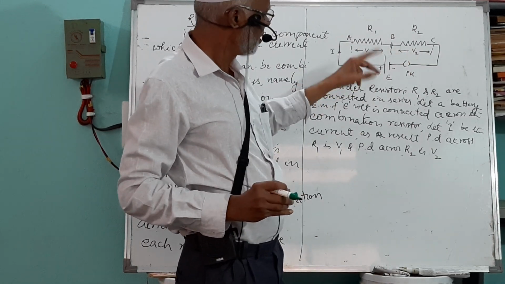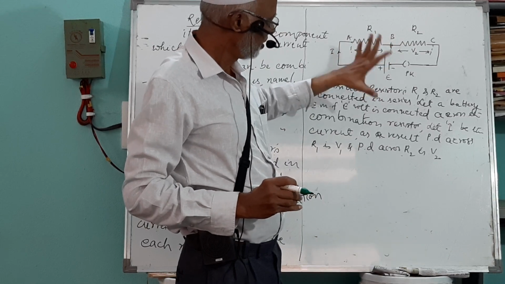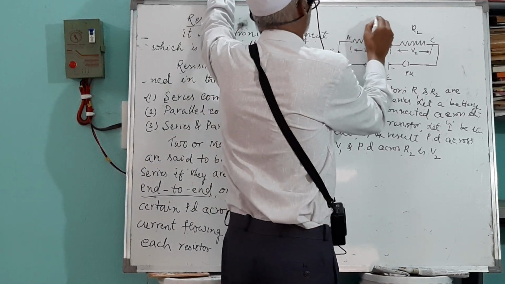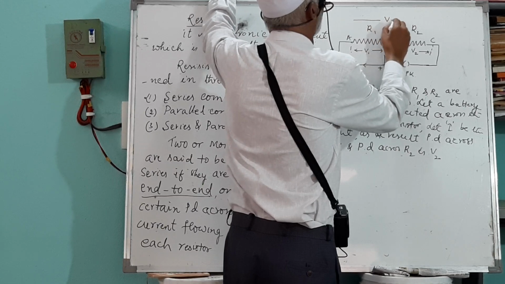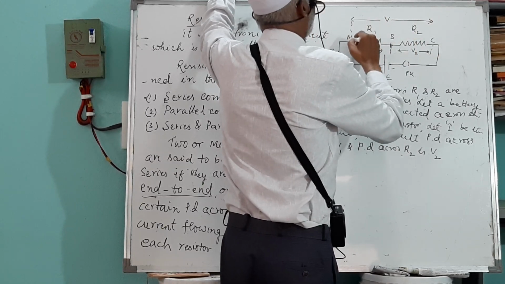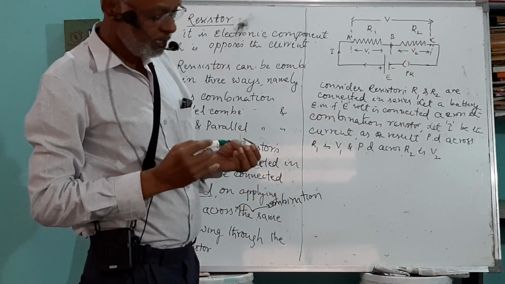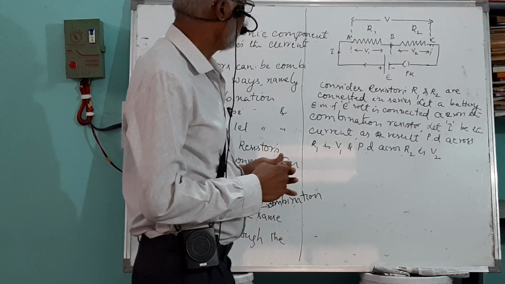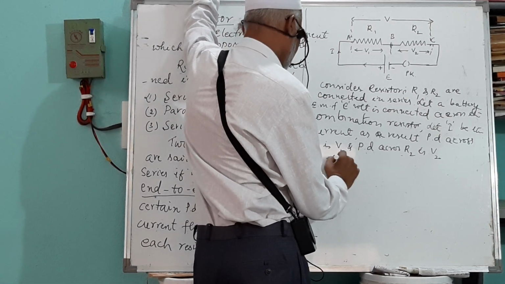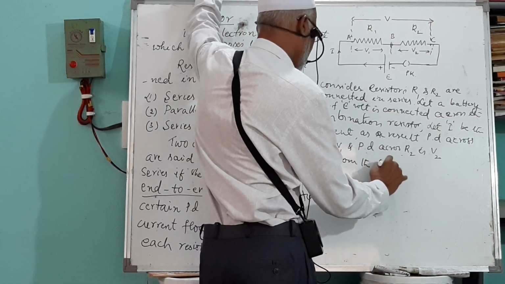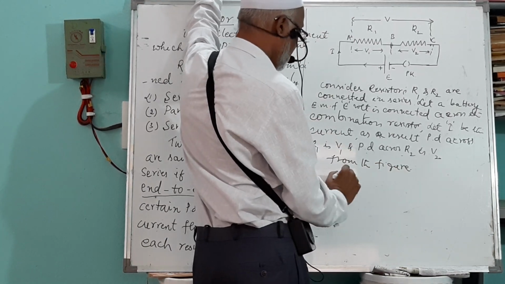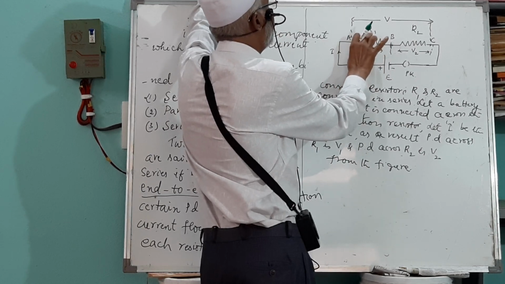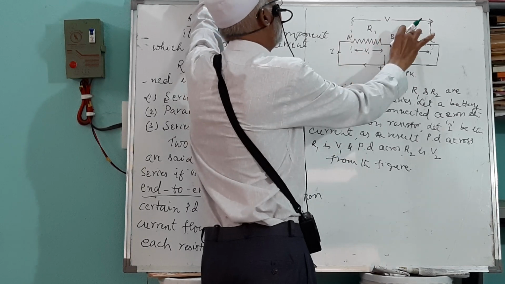We will find the total PD also. This cell produces some total PD, and that total PD is obtained between the two points A and C. From the figure I can write that the total PD is equal to the sum of the individual PDs. The individual PDs are V1 across R1 and V2 across R2.